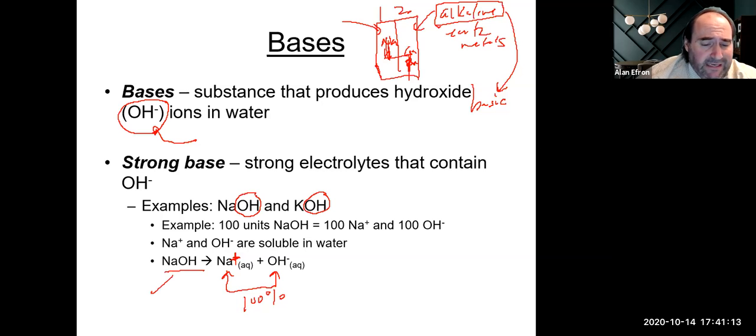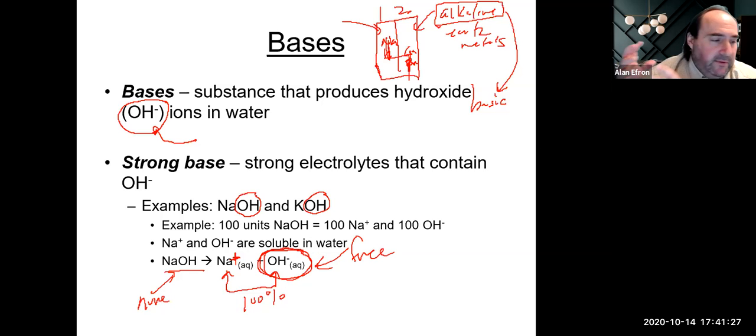So you've got really none of these guys still in that solution. And what makes it a really strong base is the ability, like we can see here, to generate a lot of free OH minus. So that production of a lot of free OH minus really quickly makes something a strong base, just like a strong acid is something that can really produce a lot of H plus really quickly.